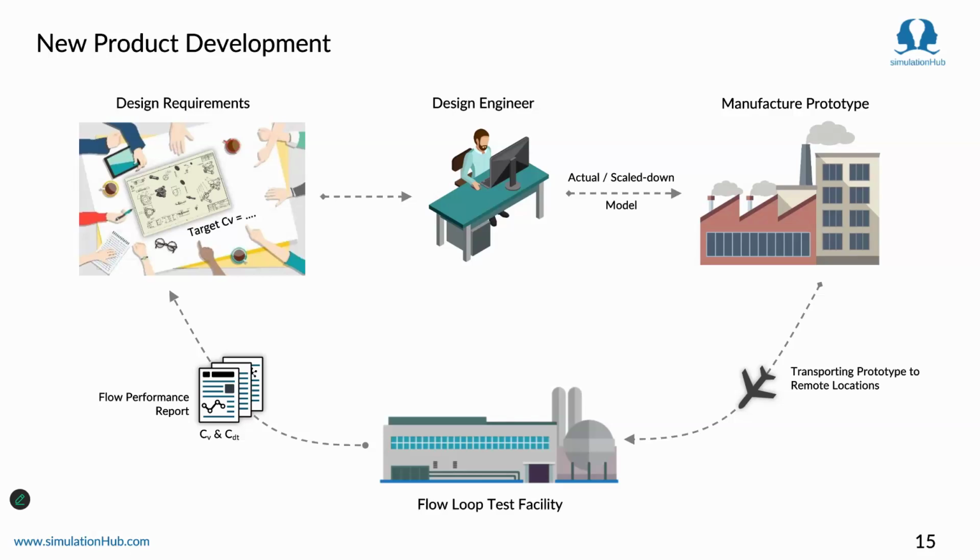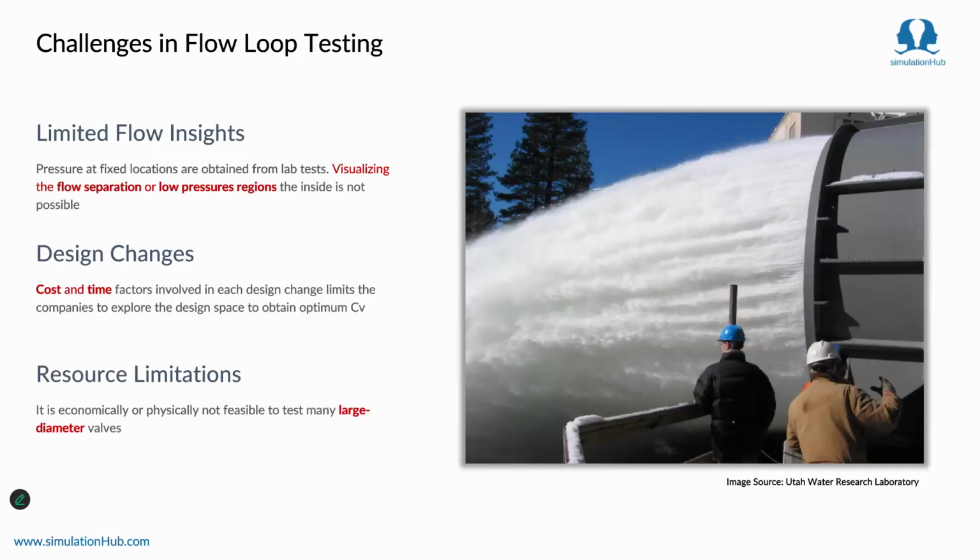If the CV and CDT don't match your target CV, you have to repeat this cycle, and it takes weeks to months to get to a final design iteration of the valve for the particular target CV. There might be a waiting time for testing and so on. So again, it's from weeks to months.